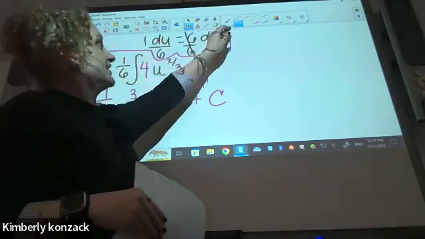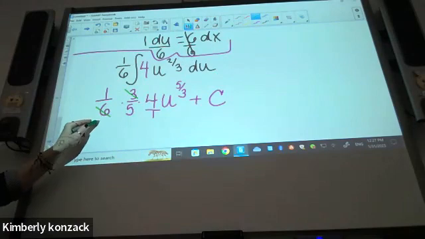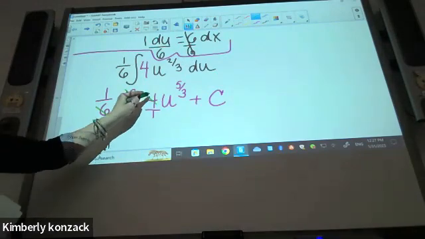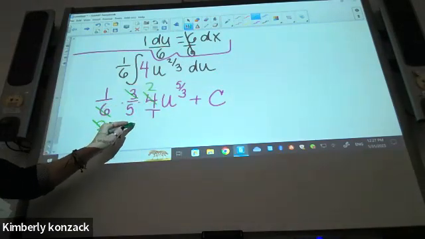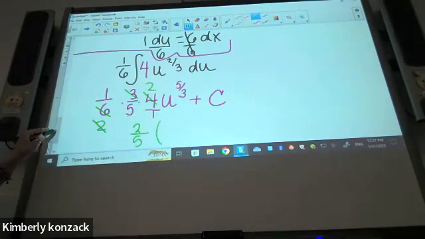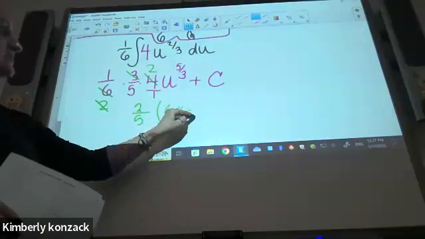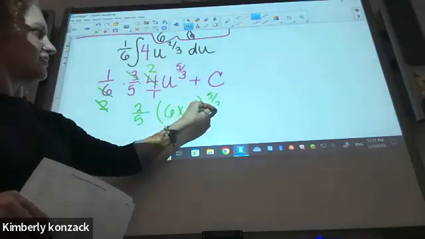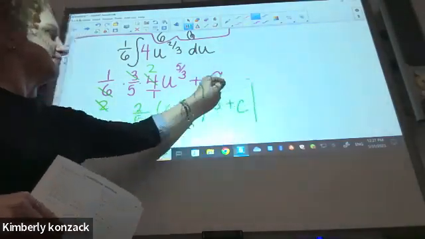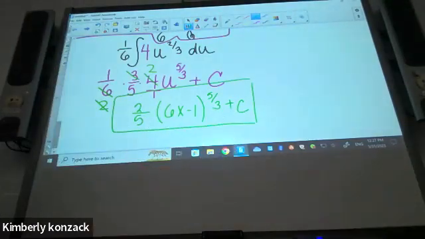When we clean it up, this goes twice, so I got 2/5, and then u, which is 6x minus 1, to the 5/3, plus C. Oh, so you just didn't reduce it? Yeah. Okay, perfect. You good?